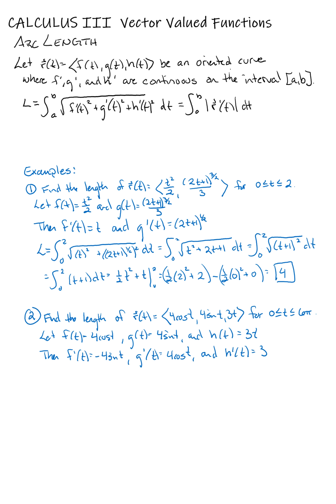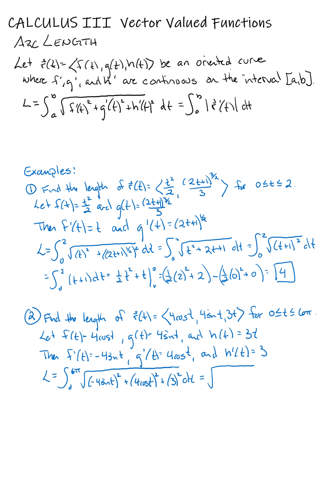Notice again here, I'm taking the derivative at this point. But now I'm going to set up an integral. So for the length of this curve, we're going to integrate from 0 to 6 pi the square root of f prime squared plus g prime squared plus h prime squared.